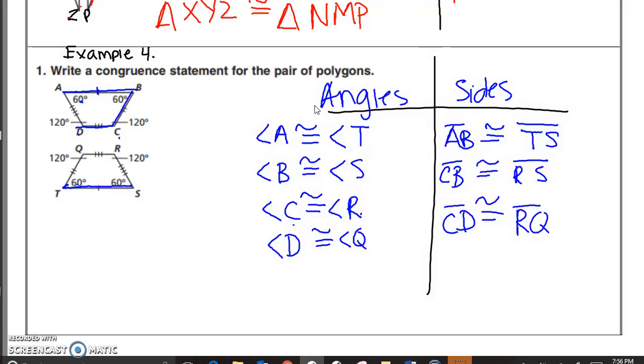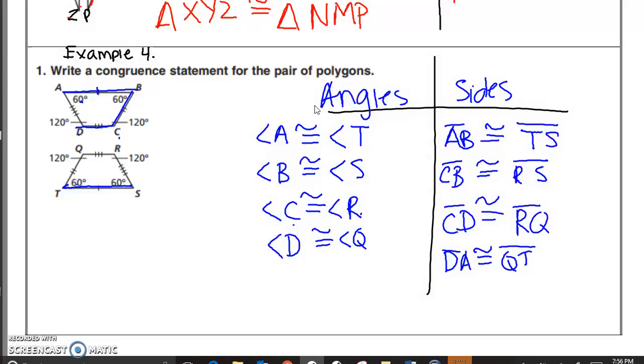And then the last one, we've got DA is congruent or corresponds to, A is 60, so I gotta start with T, Q. Oh, I did it the wrong order. Hopefully you caught me, because I started with D on this one. So D is the 120 here, so QT.